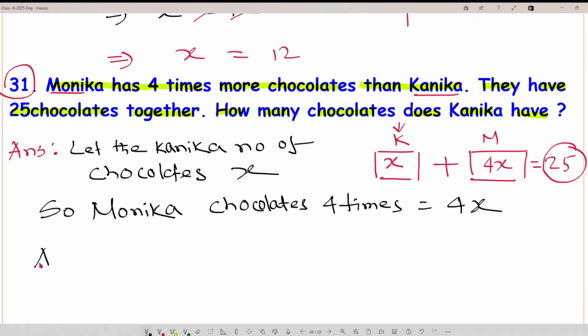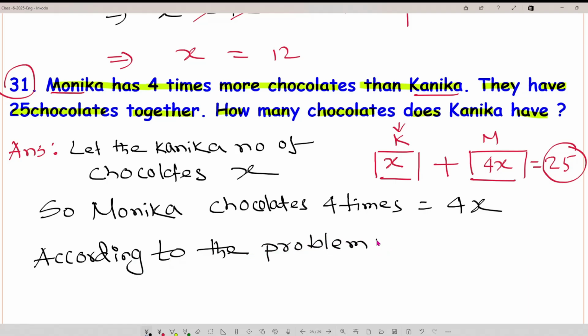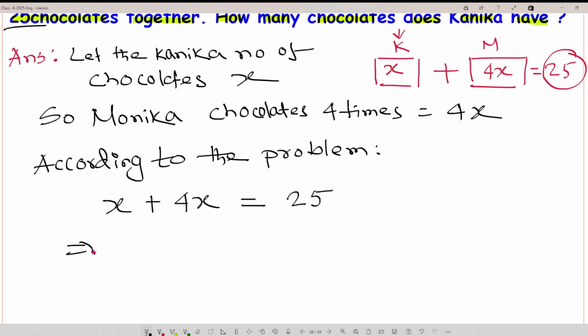According to the problem, together chocolate is 25. So x plus 4x equals what? 25. So x plus 4x is 5x equals 25.